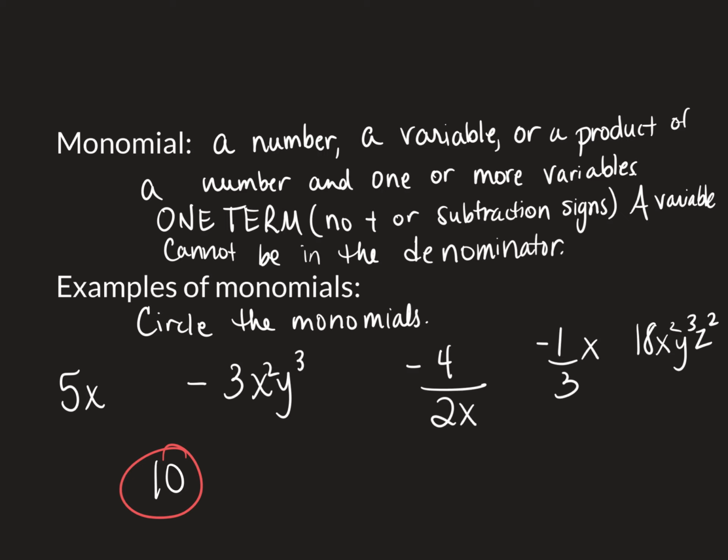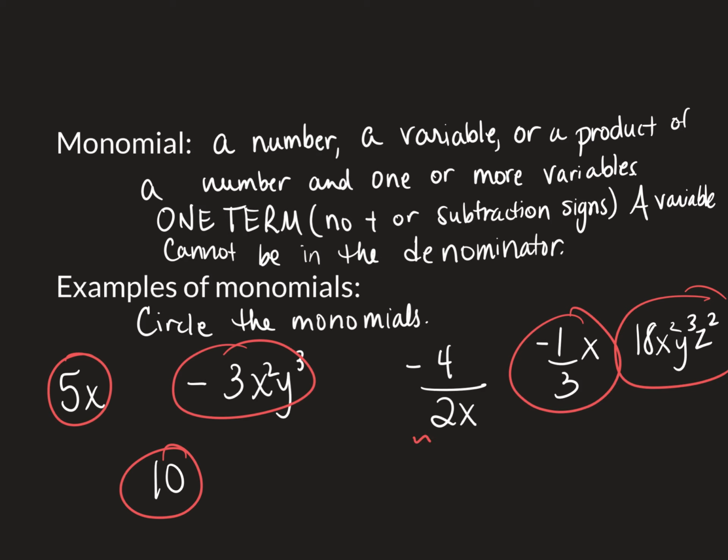A number and a variable, 5x, that's a monomial. A product of a number and one or more variables, so this is a monomial. 18x squared, y cubed, z squared, that is a monomial. Negative 1/3 times x, that is a monomial. This is the only one that is not a monomial because x is in the denominator.